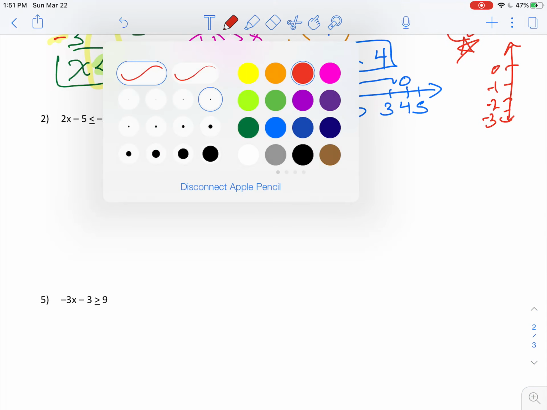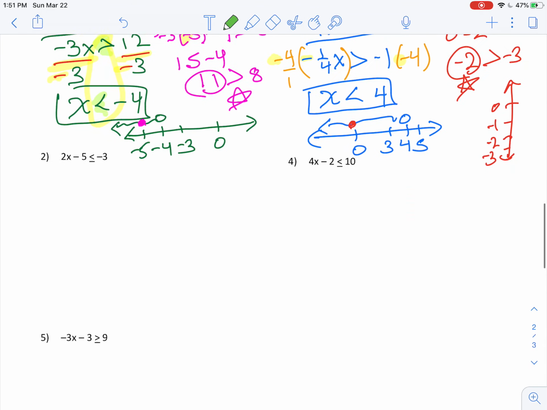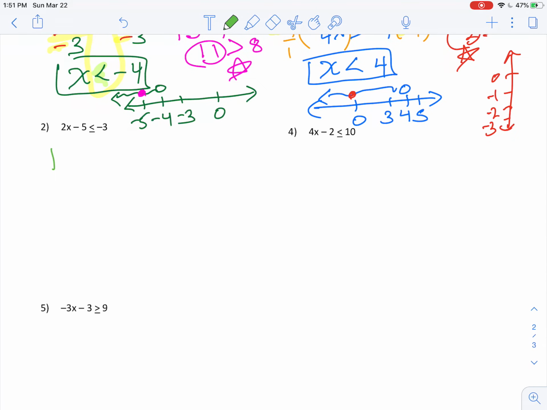All right, I'll do a couple more with you. Everybody does, oh, we didn't do them in order. That's all right, everybody does number 2. Adding and subtracting, nothing. The sign does not change.